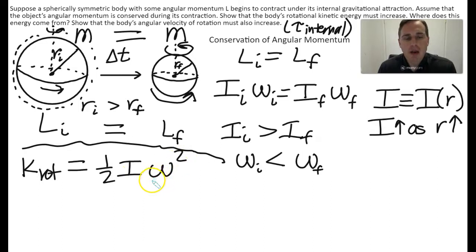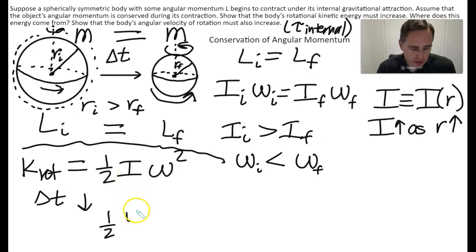Well, what should happen to this? So at some time later, the 1/2, of course, will remain exactly the same. But the rotational inertia goes down. We know that. So that should decrease. So now the rotational inertia is less if you compare the initial to the final.